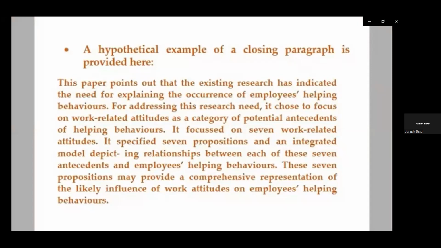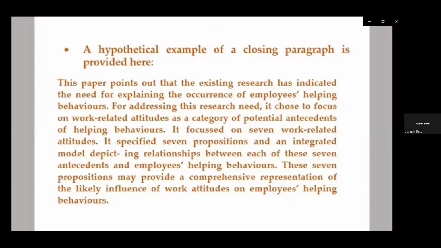This paper points out that existing research has indicated the need for explaining the occurrence of employees helping behaviors. For addressing this research needs, it chose to focus on work-related attitudes as a category of potential antecedents of helping behaviors. It focused on 7 work-related attitudes.